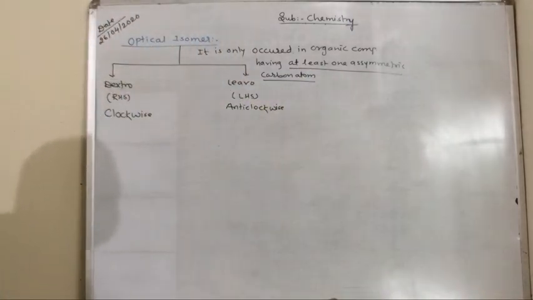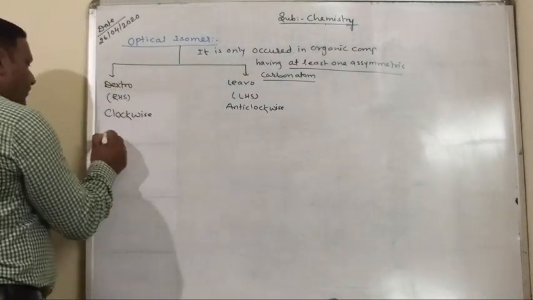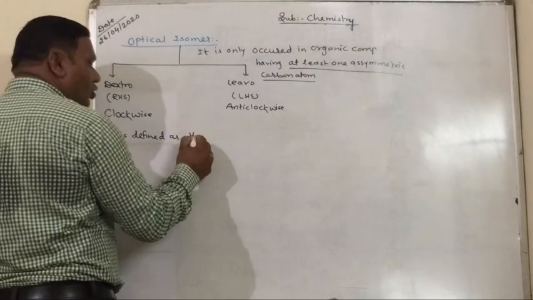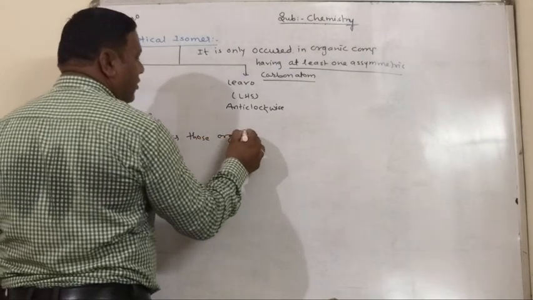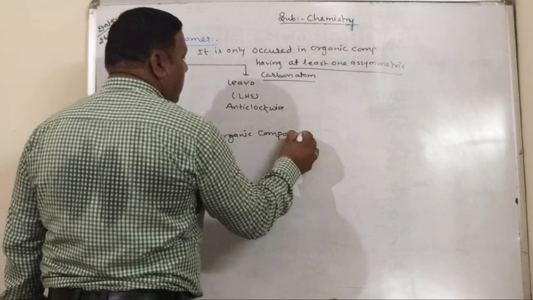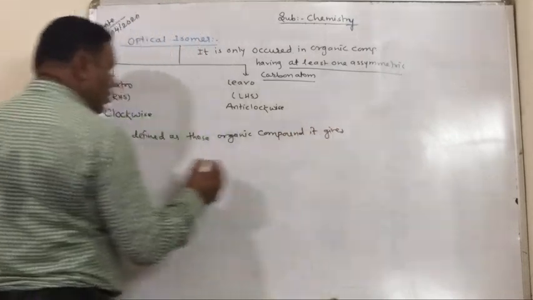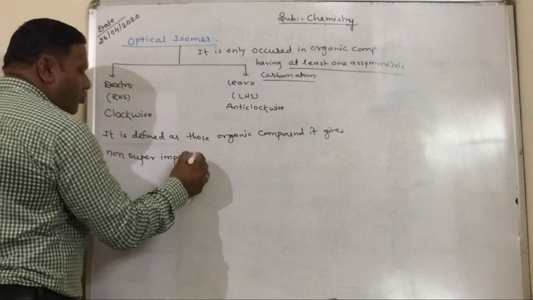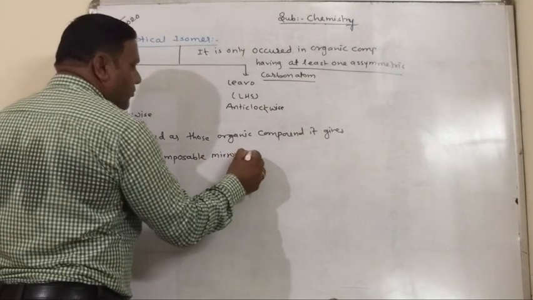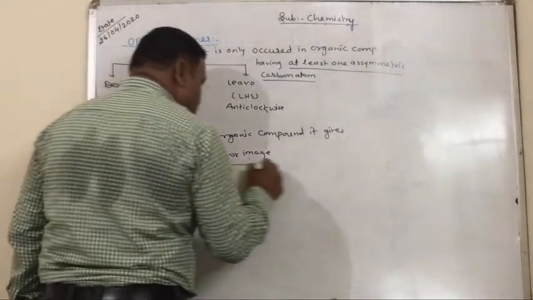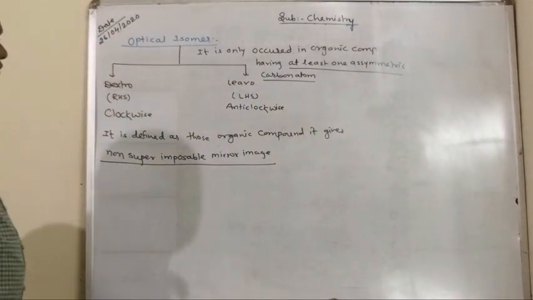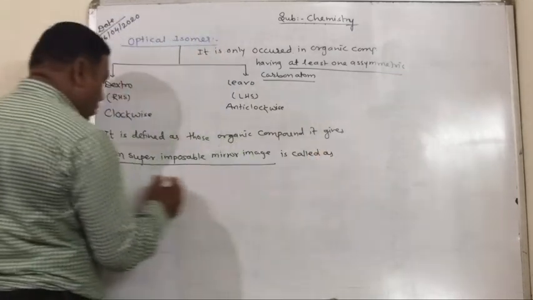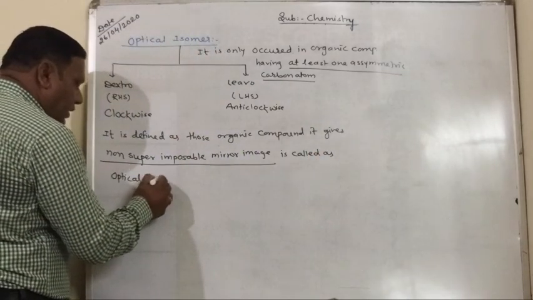These are the conditions. So for optical isomer, it is defined as those organic compounds that give non-superimposable mirror images. Those compounds are called optical isomers.